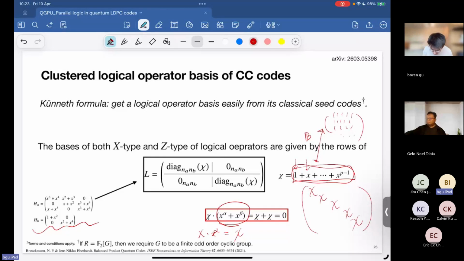So at the end of the day, you get two chi's, and they cancel out because you are over the field of binary.